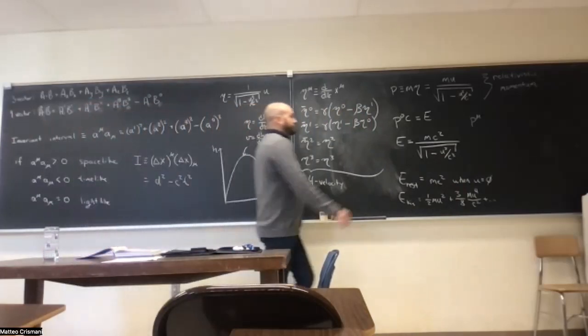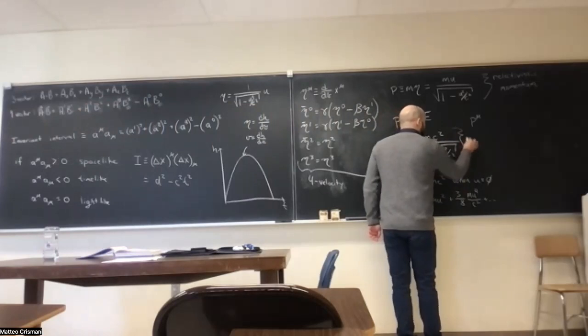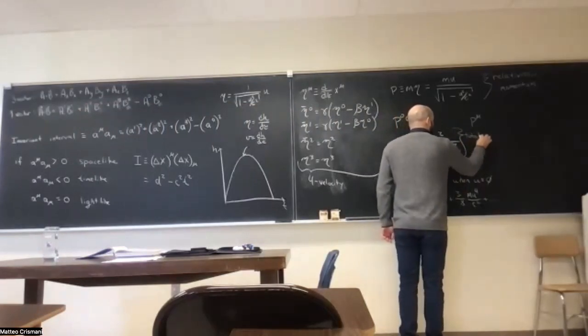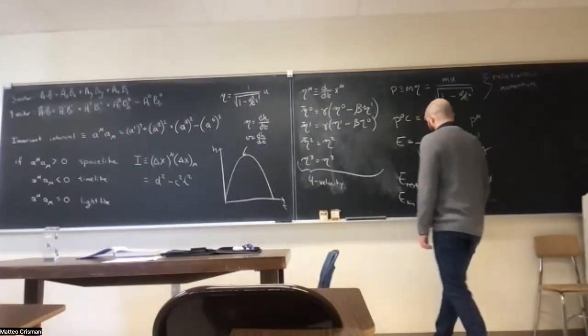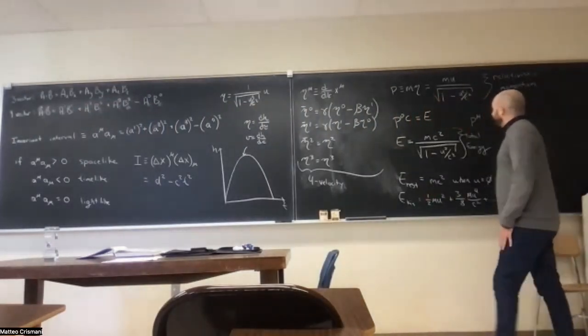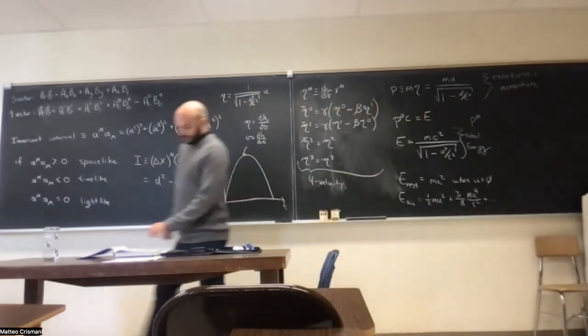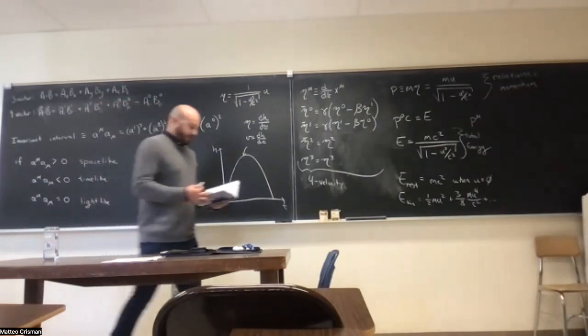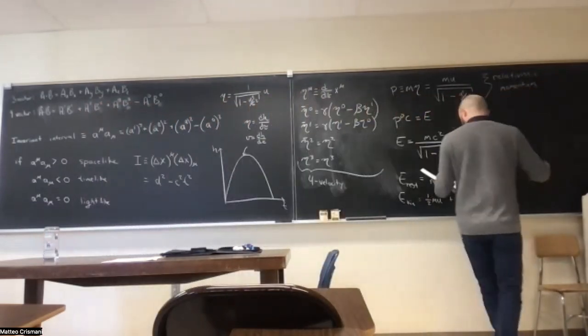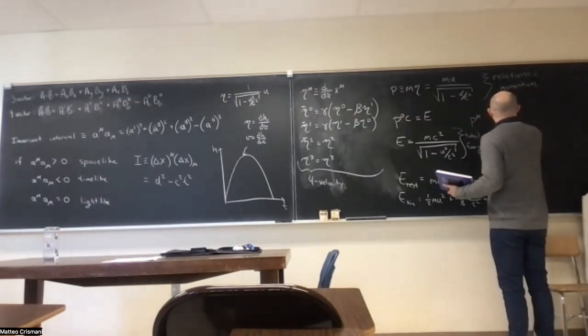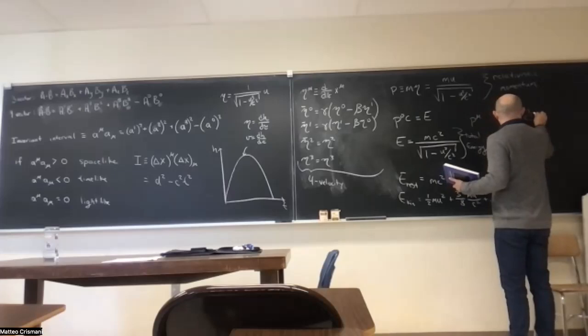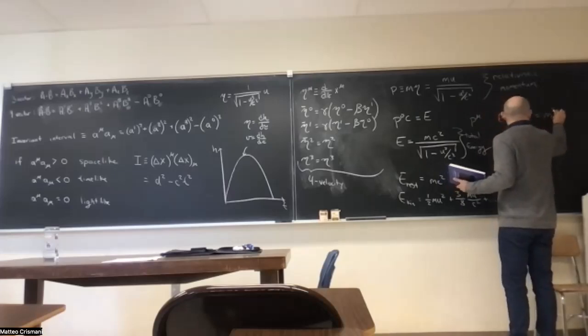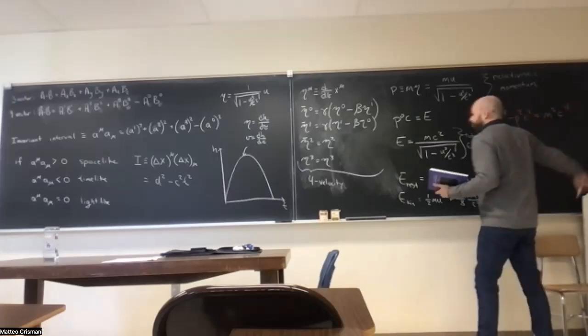So this is the total energy. That's the rest energy. Generally speaking, you have an invariant quantity, which looks like E squared minus P squared c squared equals m squared c to the fourth.